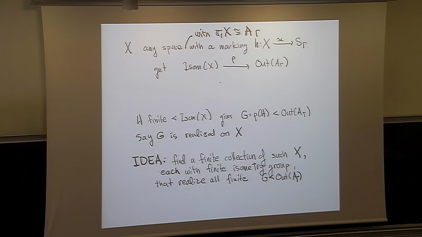And if you have a finite subgroup H, then you get rho of H sitting inside here as a finite subgroup of Out(A gamma). Okay? X is any space whose fundamental group is A gamma.